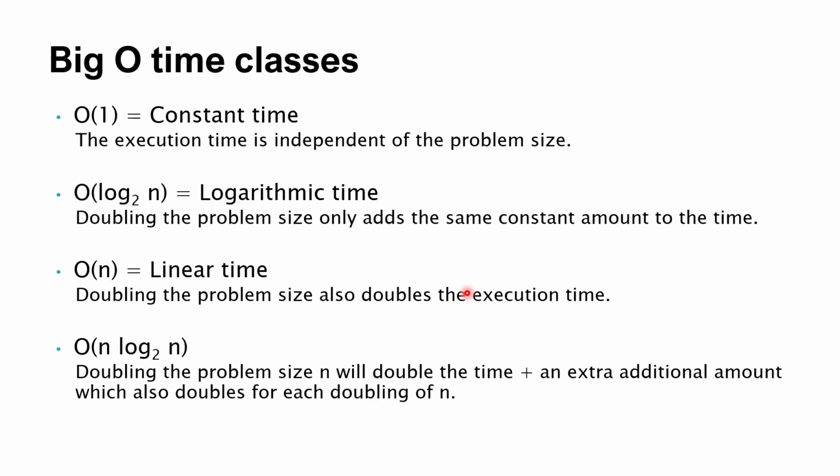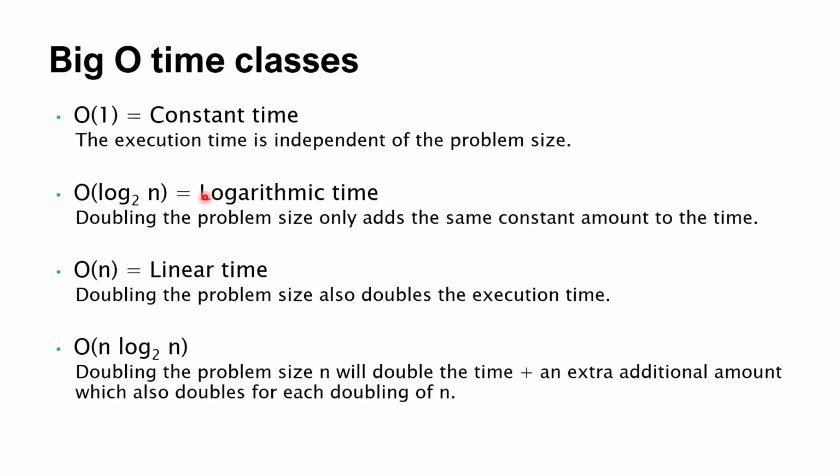So we have different time complexity classes, and if we start from the top here, the best one usually is called constant time. This is when the execution time is independent of the problem size, so we can increase the problem size and we will not have any increase in the performance of the algorithm.